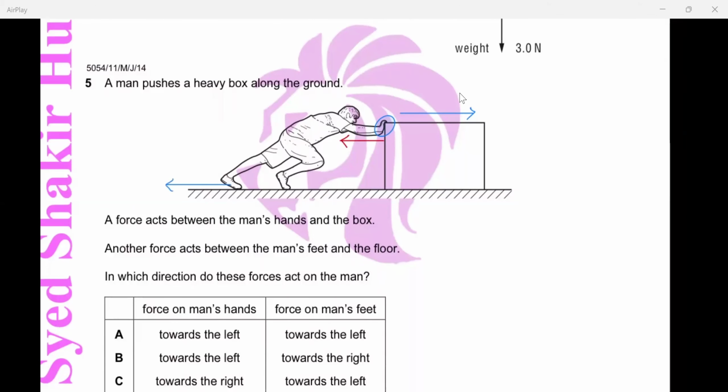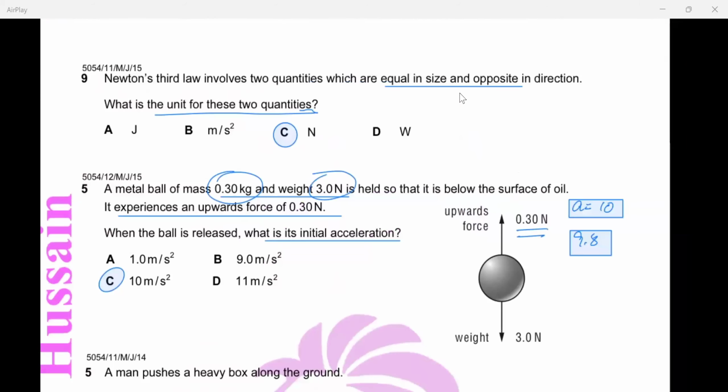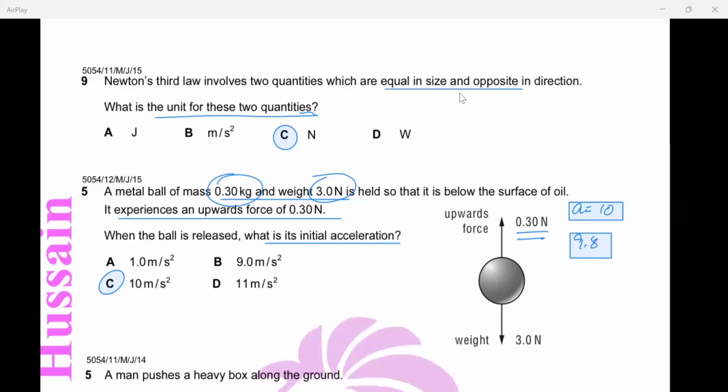Wouldn't it be 9 for the last one? No, it's saying initial acceleration. Acceleration right in the beginning. How is it 10? That's acceleration of free fall, na? Acceleration due to gravity.